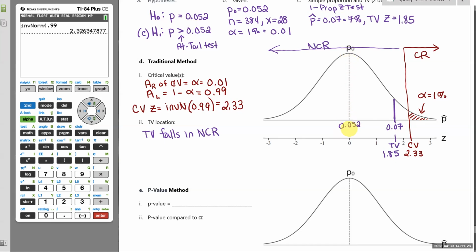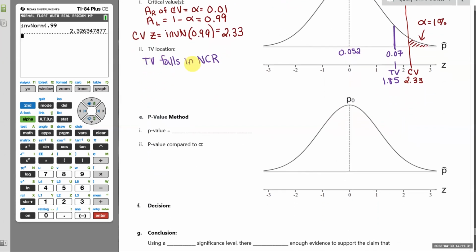So let's write the decision here. Anytime your test value falls in the non-critical region, your decision is do not reject H naught. And that means that even before I draw a picture or look at a p-value, because of the relationship between the methods, anytime my test value is not in the critical region, so I don't reject the null hypothesis, that guarantees that your p-value had to be bigger than your alpha.